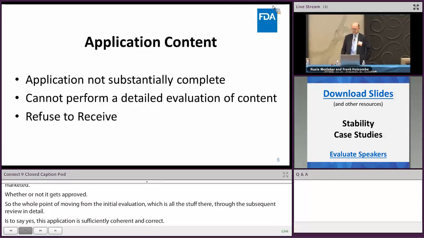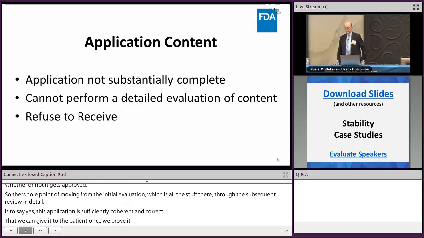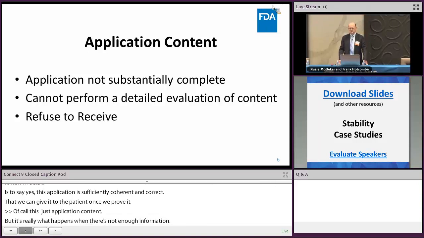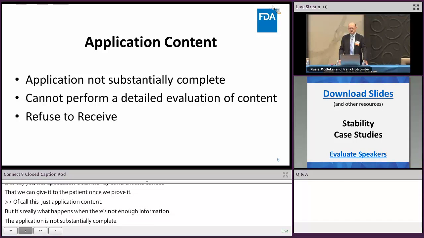I've called this just application content, but it's really what happens when there's not enough information. So the application is not substantially complete. Therefore, you cannot do a substantive review because you can't do a detailed evaluation of the content.